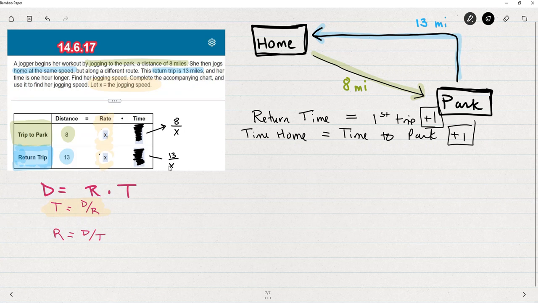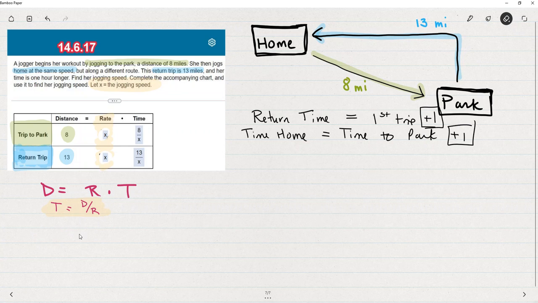Do you see how that would work? I can go ahead and unscratch these and you can see that that's correct. But hopefully you can see why it's 8 over x, 13 over x. All right, I'm going to erase the second part of that formula to create a little bit more space.